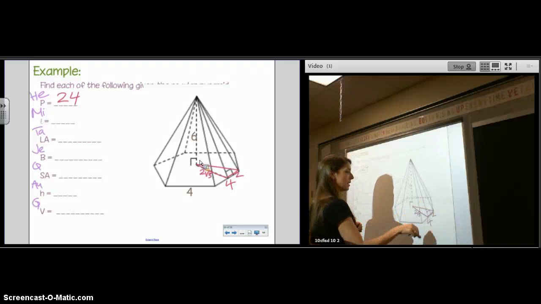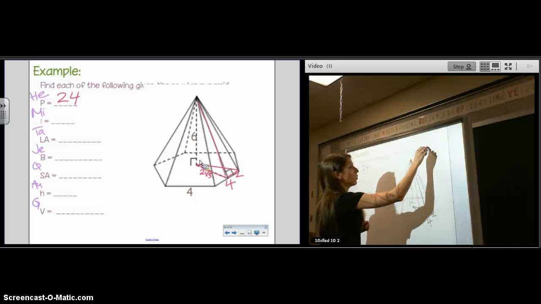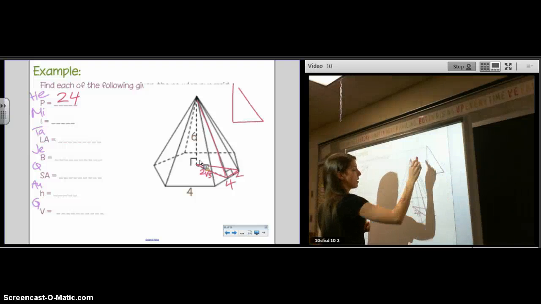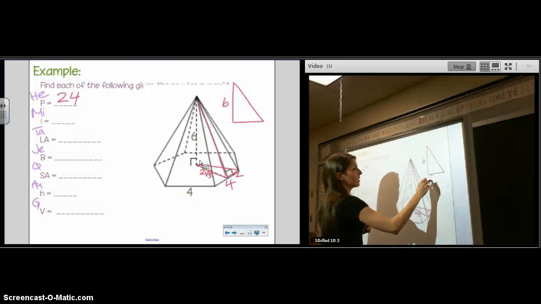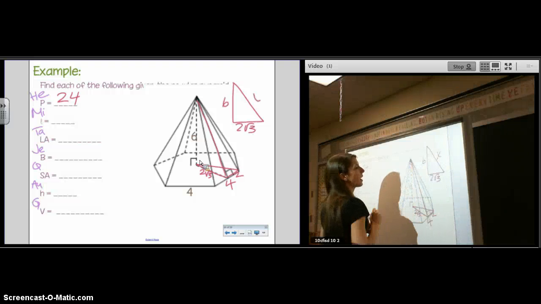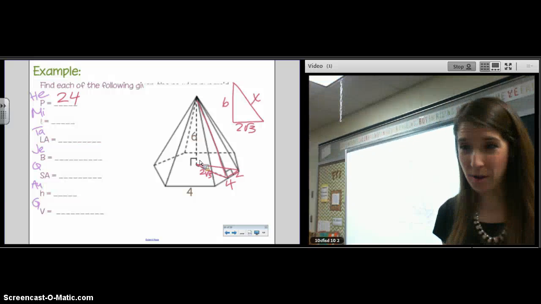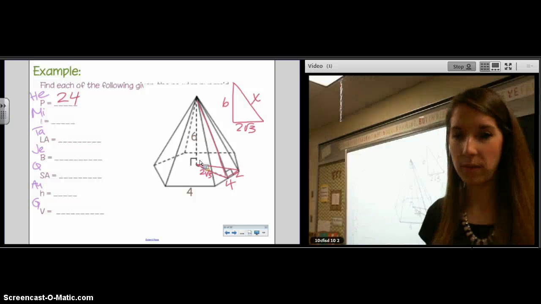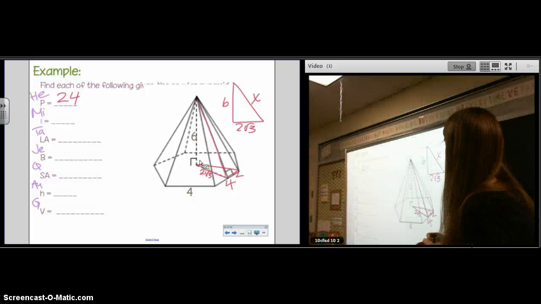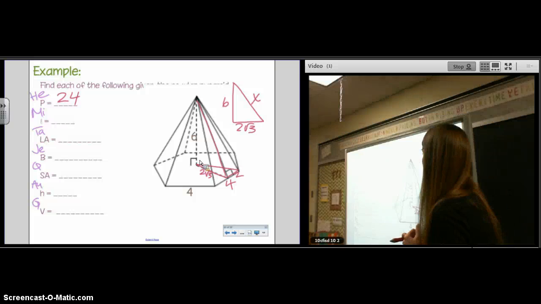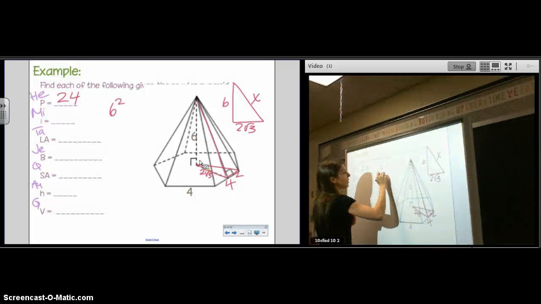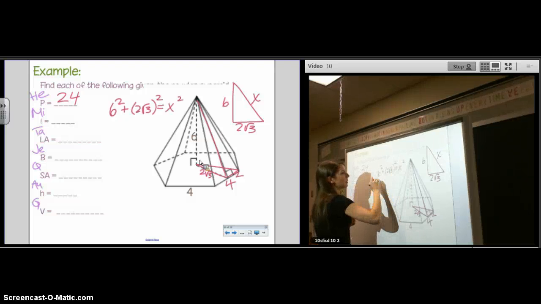So if we want to know the slant height, we've got a triangle, and we've got 6, and we've got 2 root 3, and then we've got, I don't know. This is the hardest example I can give you, so don't worry if you're having trouble with this one. So we're trying to find the slant height, so we would do a squared plus b squared equals c squared. 36 plus 12.